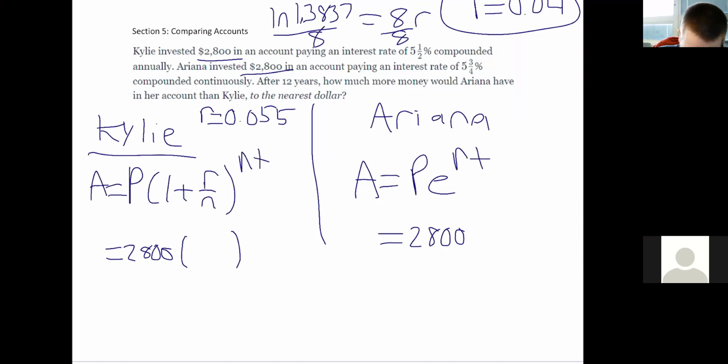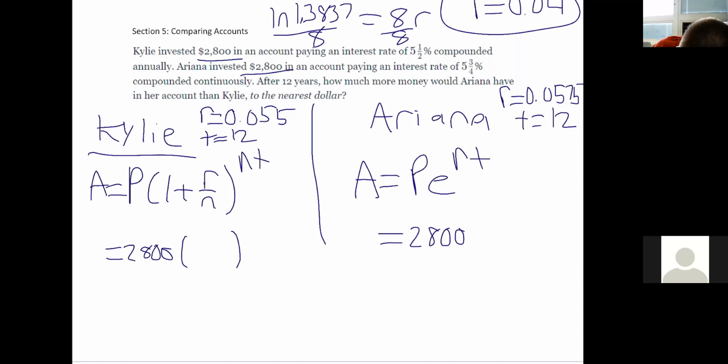Ariana has an interest rate of 5 3/4. That's 5.75, so her interest rate is going to be 0.0575. And they're both investing for 12 years, and we want to figure out who would have more. So T is going to be 12 for both.